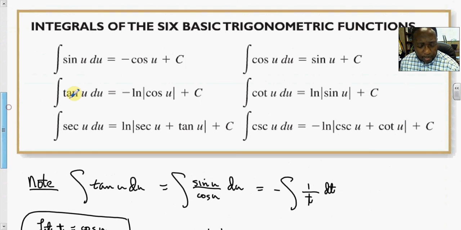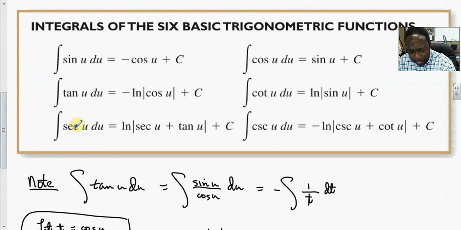That's the proof that the integral of tangent u du, or tangent x dx, is the negative natural log of the absolute value of cosine x plus c. And the proofs of the remainder are the same.